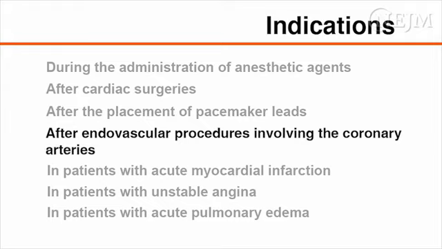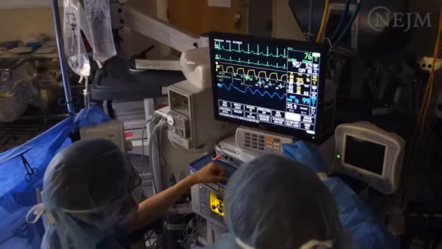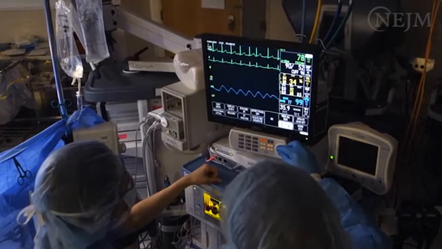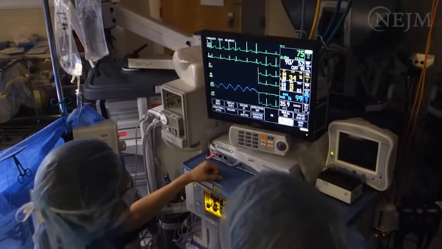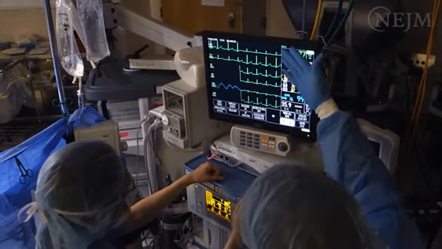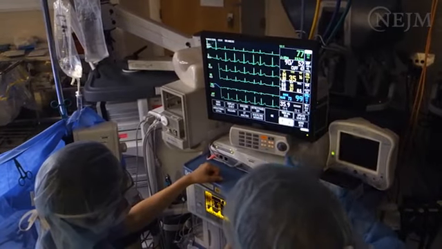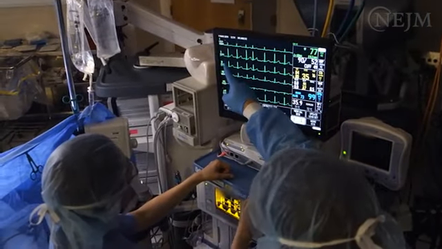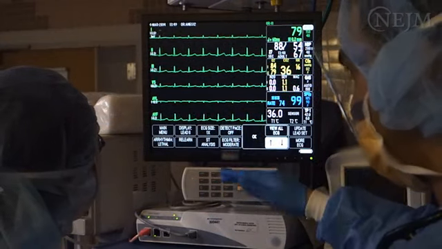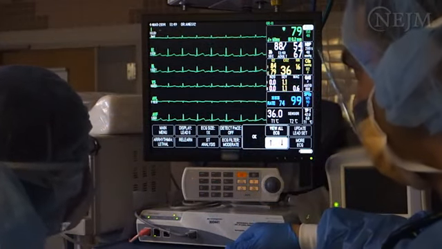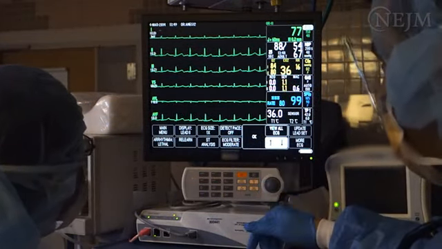It is also indicated in patients with acute myocardial infarction, unstable angina, or acute pulmonary edema, as well as in many other clinical situations. There are no contraindications to ECG monitoring. However, because of the potential for undertreating or overtreating the patient on the basis of ECG data, the clinician should enlist the help of more seasoned clinicians when appropriate during recording or interpreting the ECG.